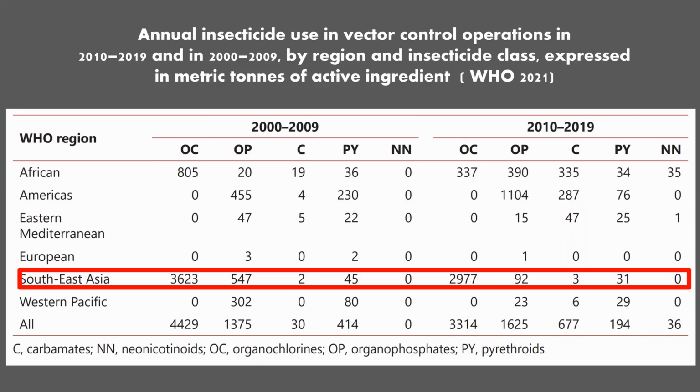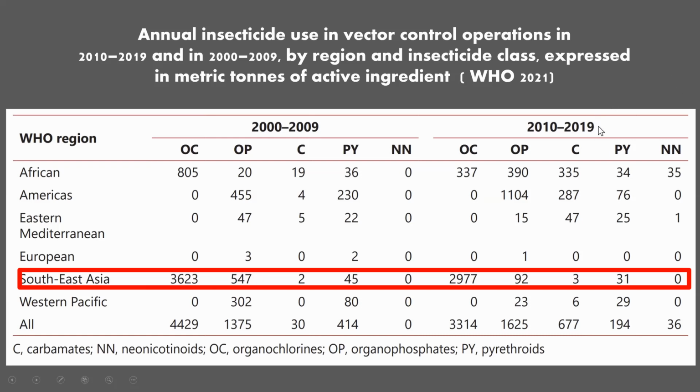The annual insecticide usage by region is shown in this table, but I would like to bring attention to Southeast Asia, where a huge amount of insecticide is used. From the year 2000 to 2009, you can see that organochlorine is the insecticide most used, followed by organophosphate.